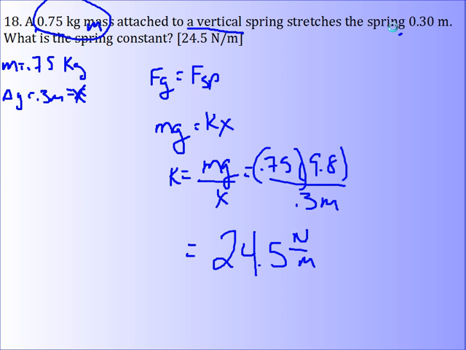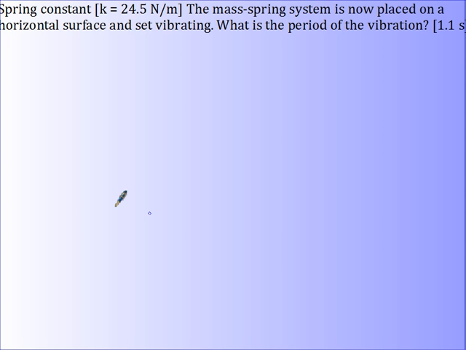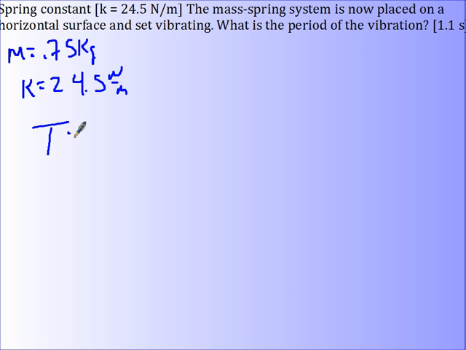Now we're going to take this 0.75 kilogram mass and put it horizontal. What's the period? Suppose the mass is 0.75 kilograms and k is 24.5 newtons per meter. I know the period is 2 pi square root of m divided by k.